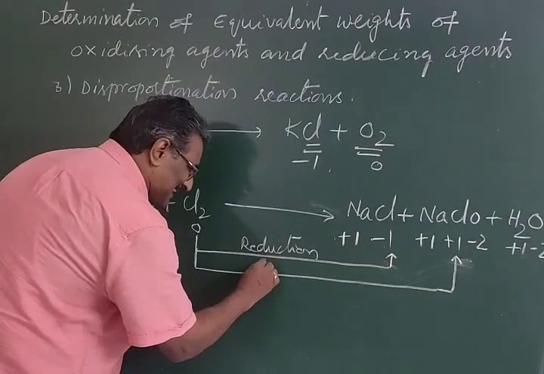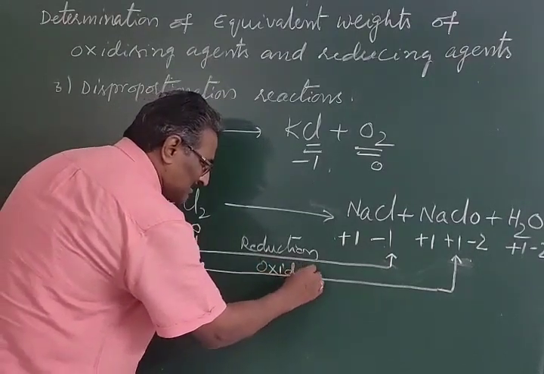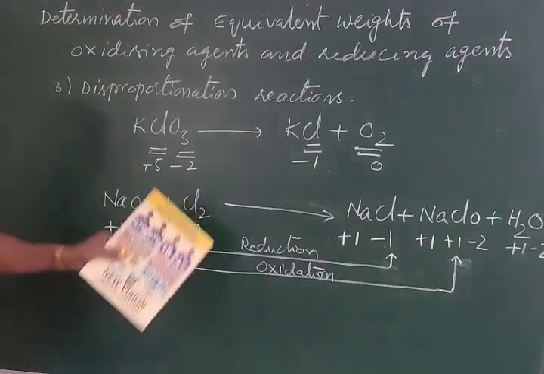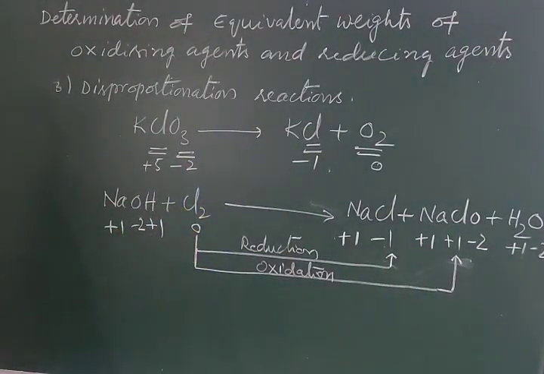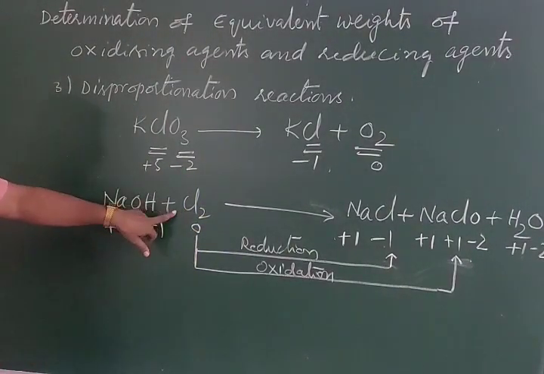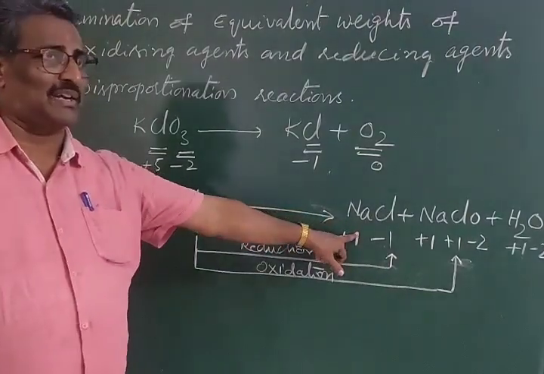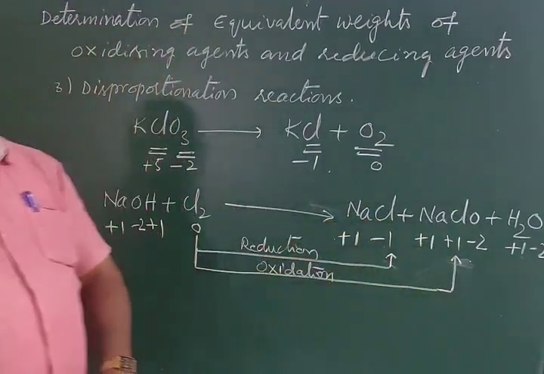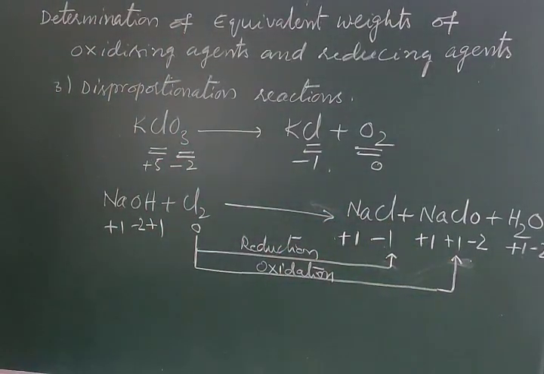The oxidation state is increased. This is called oxidation. Chlorine undergoes reduction and oxidation. Chlorine undergoes reduction in the formation of sodium chloride. Chlorine undergoes oxidation in the formation of sodium hypochlorite. That is, the same element chlorine is undergoing both oxidation and reduction.